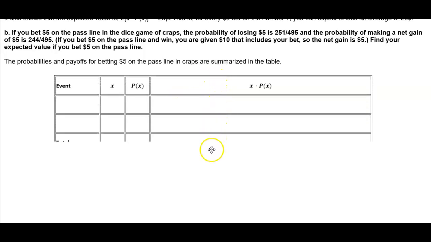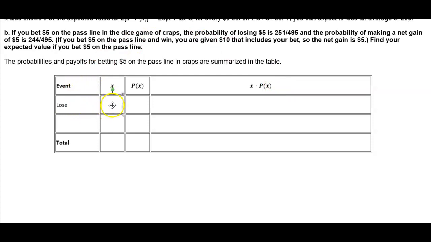Now, the probabilities and payoffs for betting $5 on the pass line are going to be summarized in the table. So just like we did in the previous example, we're going to do the following. Again, we have our event, we have our column for the X, we have our probability, and then we're going to take our data value X and multiply it by our probability. Now, the first event is lose. So what do you lose? Well, the data value, if you lose, is going to be -5. So if you lose $5, that's going to be the data value.